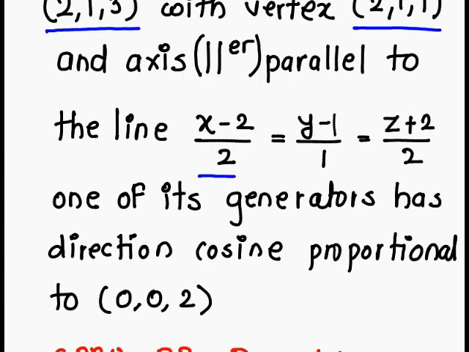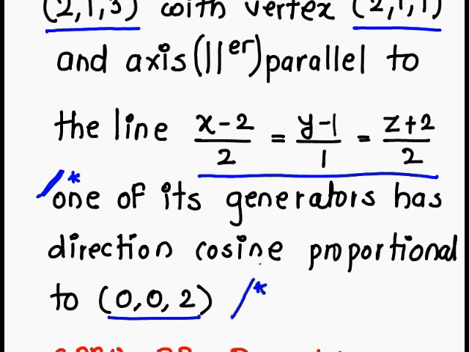So here we consider only the DRs of this, and one of its generators has a direction cosine proportional to 0, 0, 2. You can add this statement to generate a new question.